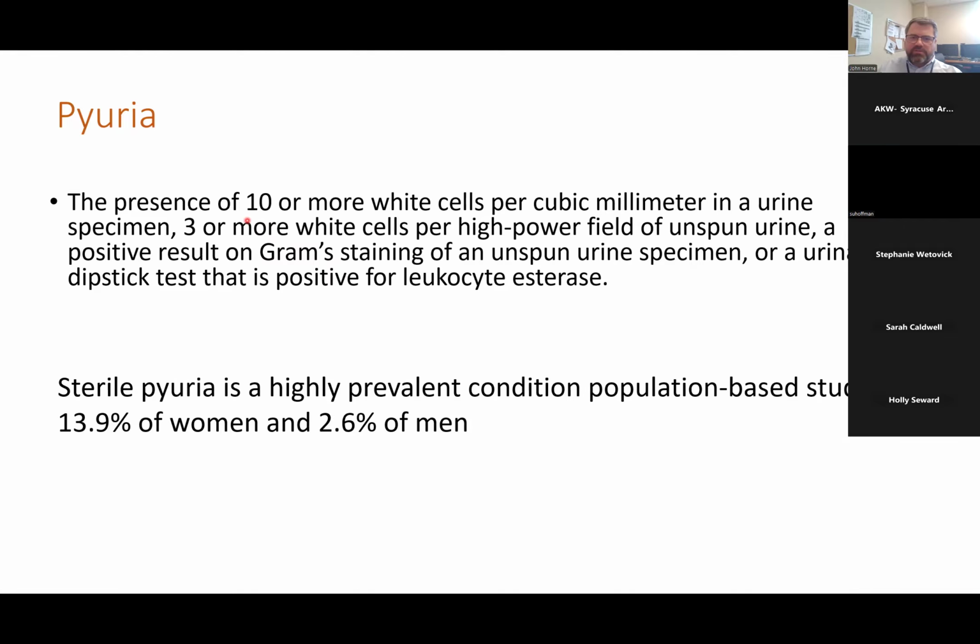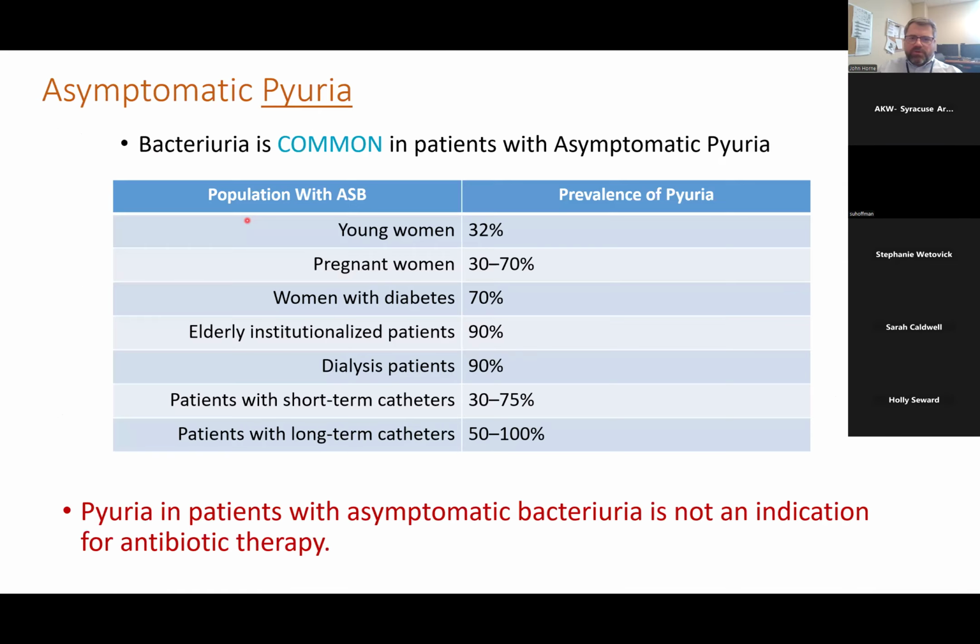You can have bacteria in the urine, which is also common. Those are the times where we hear the patient say, "Oh, the doctor told me I have a urinary tract infection, even though I had no symptoms." And so usually those are going to be asymptomatic bacteria, but sometimes it's hard to tell.